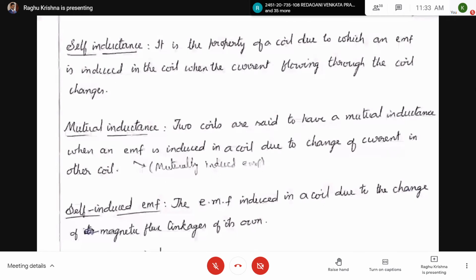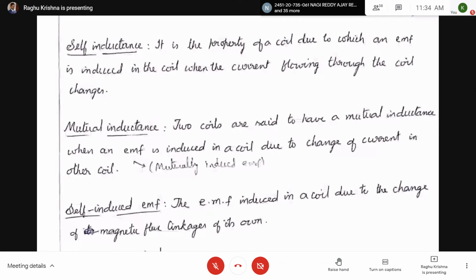When the current flowing in one of the coils changes, EMF will be induced in the first coil and also in the second coil, because that alternating flux will also pass through the second coil which is nearby. So two coils are said to have a mutual inductance when an EMF is induced in a coil due to change of current in the other coil.